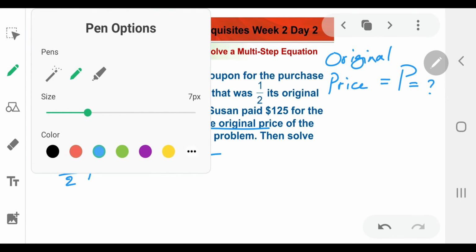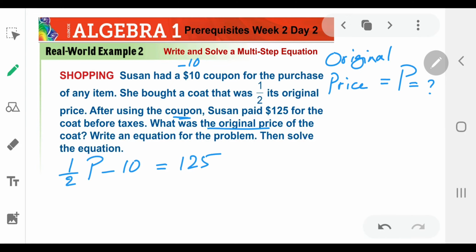This is the equation we can write. Half the original price, if the original price is P, is half P. This coupon made a discount of $10, so it's minus $10, to be in all $125. This is the equation. Half of the question here is asking you to write the equation for the problem.